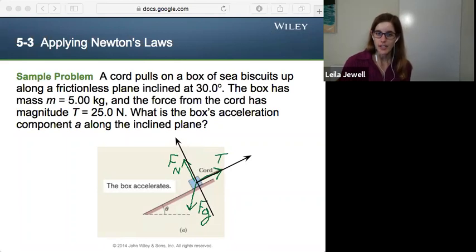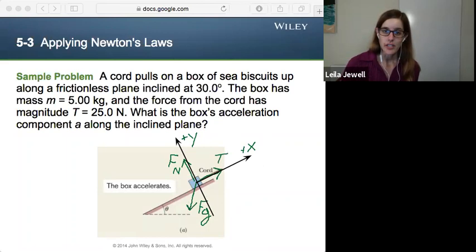So with that, this is now our positive x and our positive y. We've lined up our coordinate axes with two out of three of the forces, which is pretty good. The force of gravity, though, notice, is in a direction that is not purely x, not purely y.